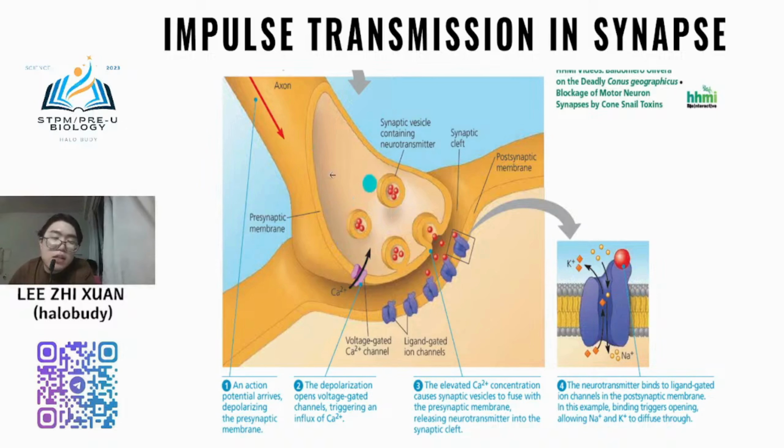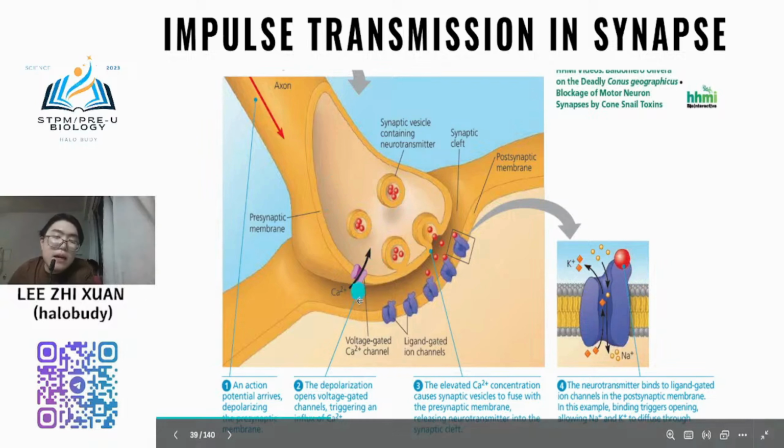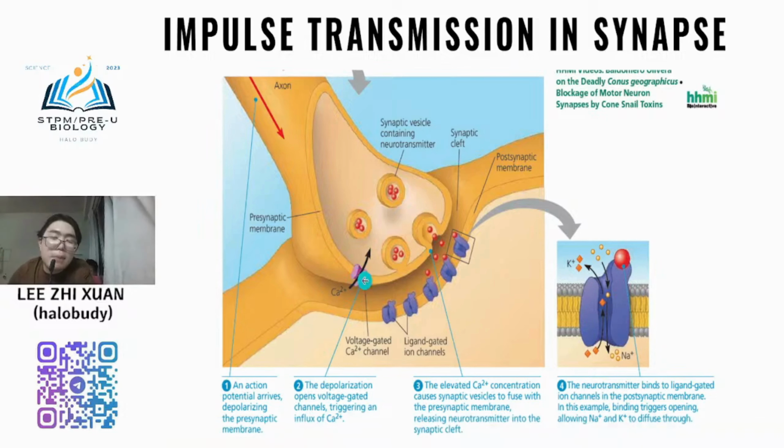When the action potential occurs, depolarization will cause the calcium ion channels on the presynaptic membrane to open, and calcium ions will influx into the cytoplasm. When the calcium ions are inside the synaptic knob, they cause the synaptic vesicle to fuse with the presynaptic membrane and start to release the neurotransmitter.